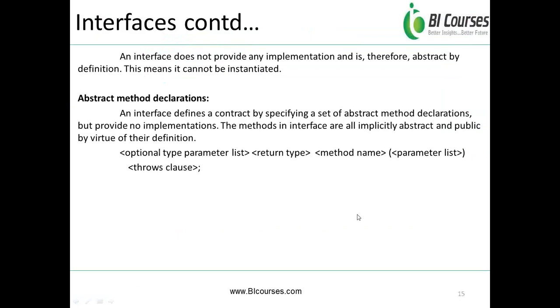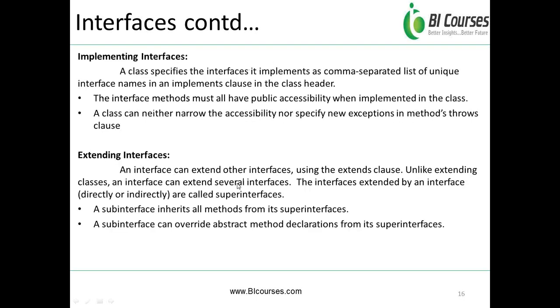An interface defines an optional return type and method name, and it can throw an exception. As we already discussed, interfaces can be implemented. A class specifies the interfaces it implements, comma separated. Multiple classes cannot be extended, whereas multiple interfaces can be implemented or extended.